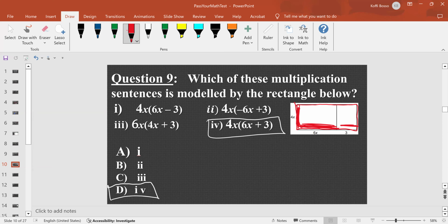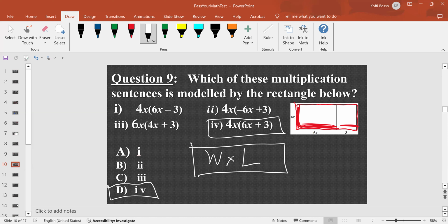But understand that if you see all the expressions, the expression saying 4x, which is like a width, times 6x plus 3, represents the length for the large rectangle. Therefore, the correct choice here is D.